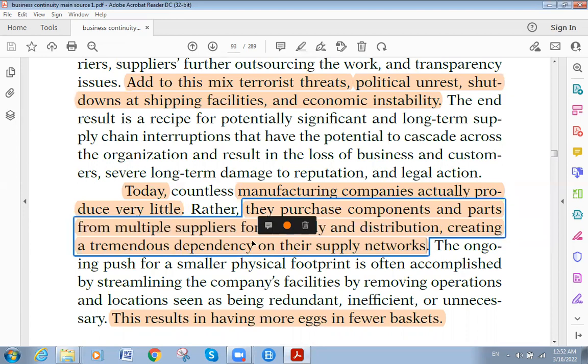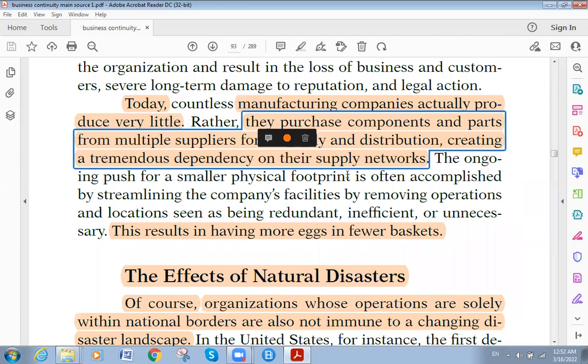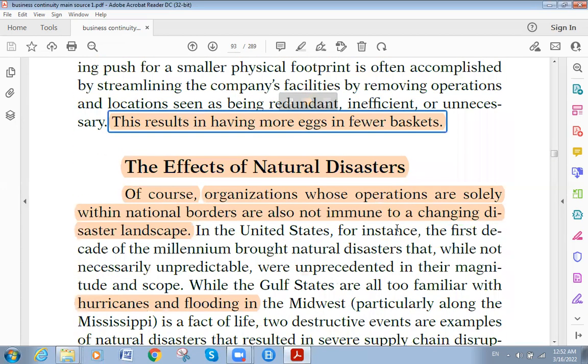The author is telling us that all the systems now have interdependency, which means that the systems depend upon each other. This results in having more eggs and fewer baskets. So we have more problems now to assess during the risk assessment.